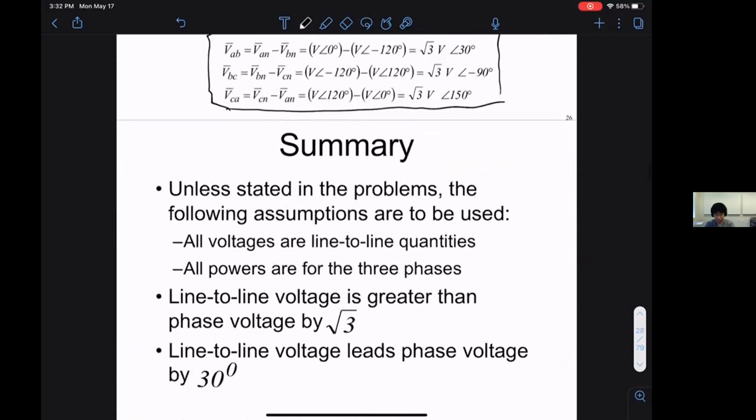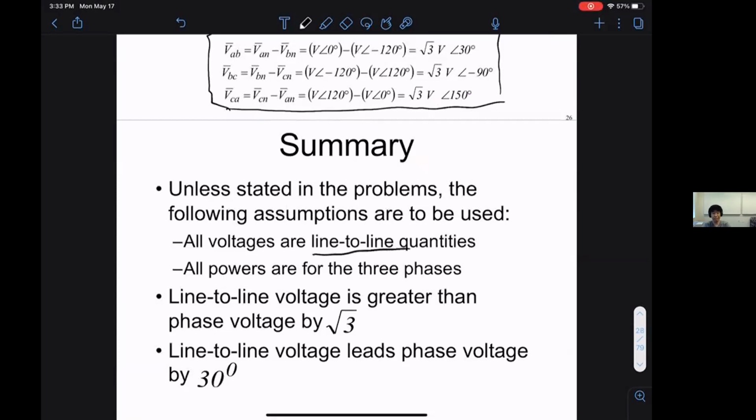So, summary: there's a standard assumption we make when we talk about voltage. In practice, we say this transmission line is, let's say, 100 kilovolts. These voltage quantities are all stated line to line.